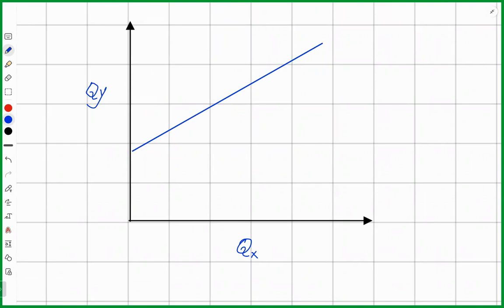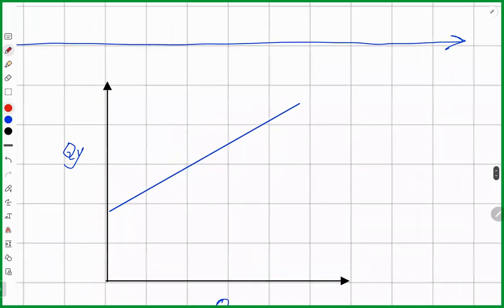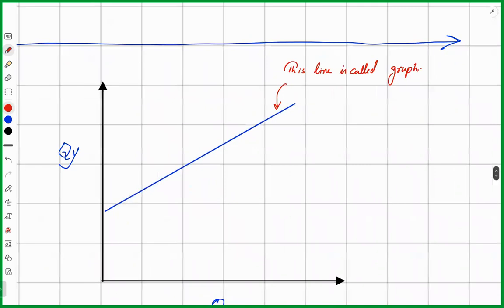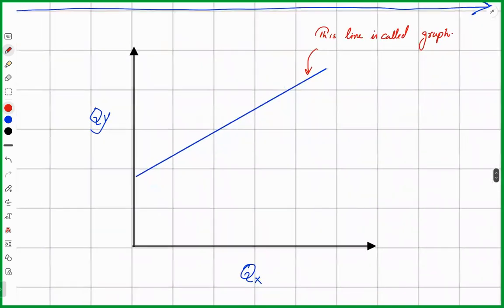What do we mean when we say graph? Remember, this line that shows the relationship between the quantities, this line is called graph. This is very important for you to understand, that when we say graph, what do we actually mean? And when we say area under the graph, what is meant by that?